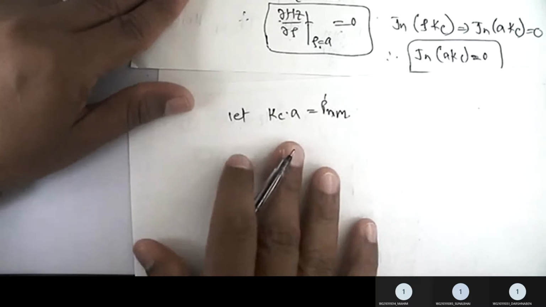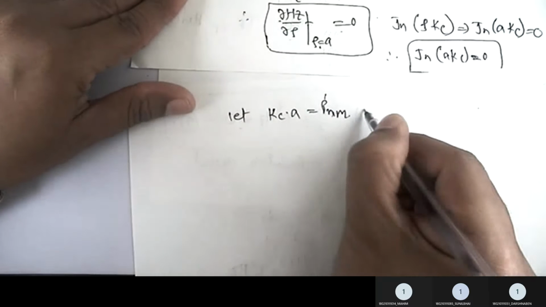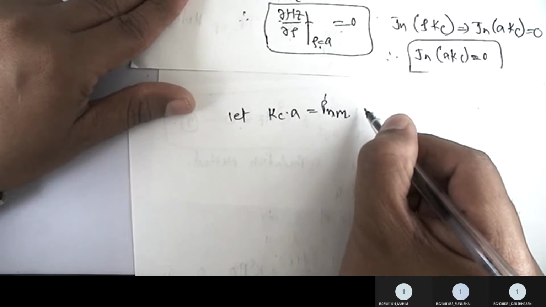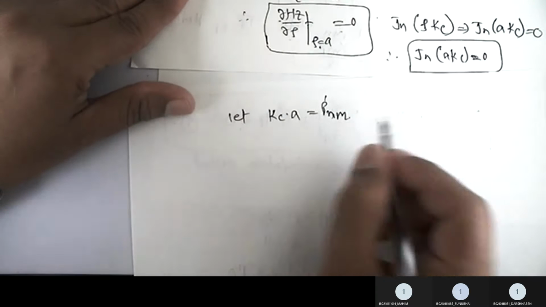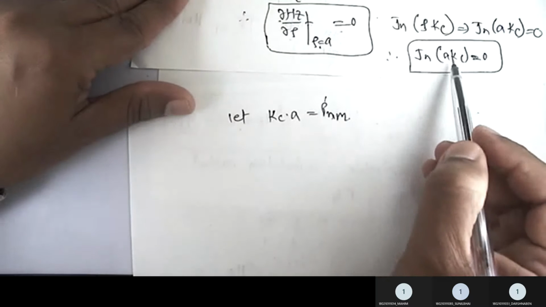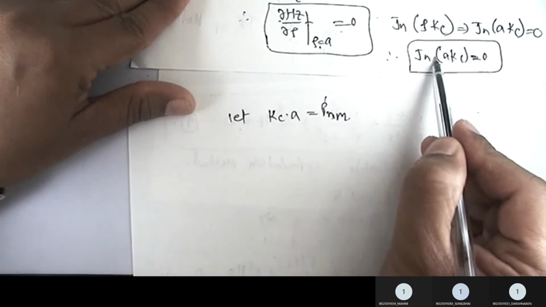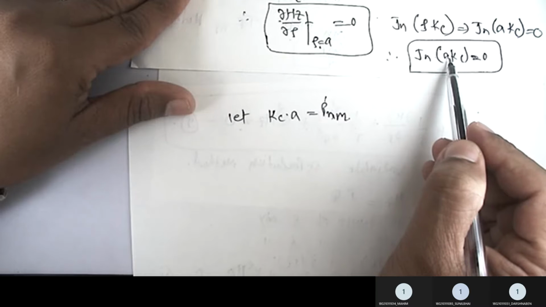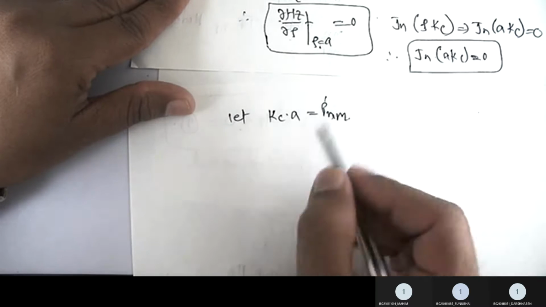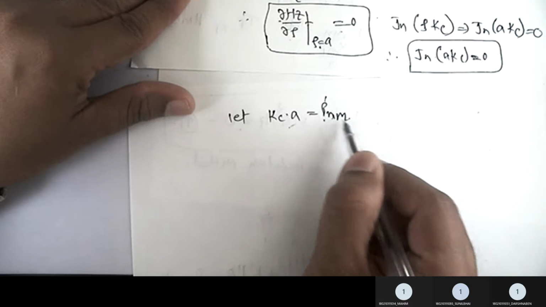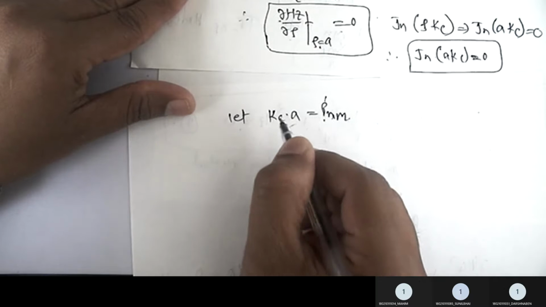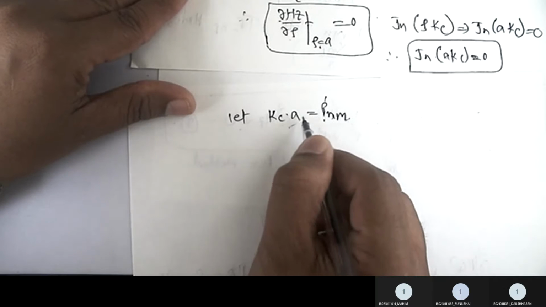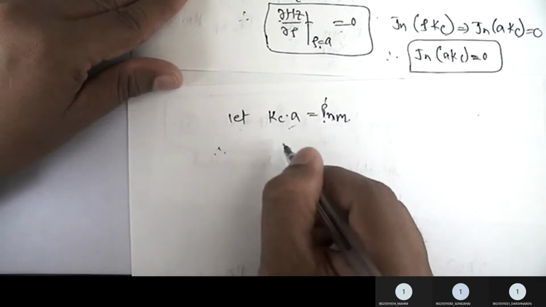Okay, so here I use another variable. In these Bessel functions, the roots of these equations will become p'_nm, whose eigenvalues are nothing but equal to kc into a.